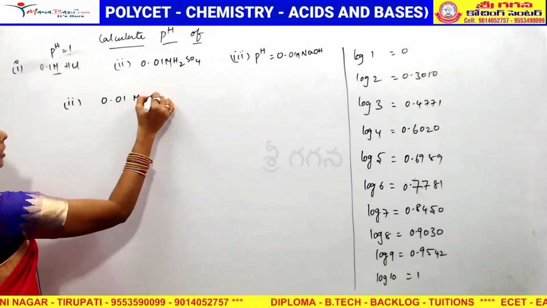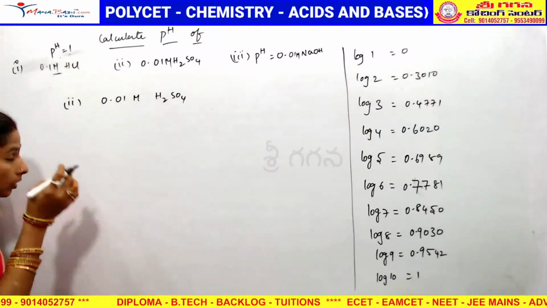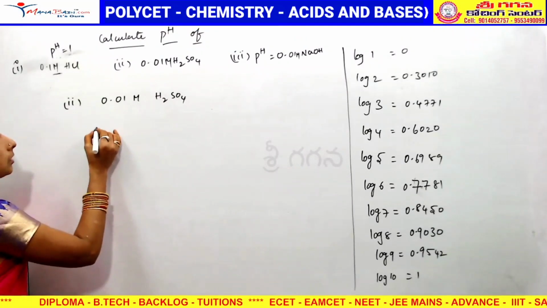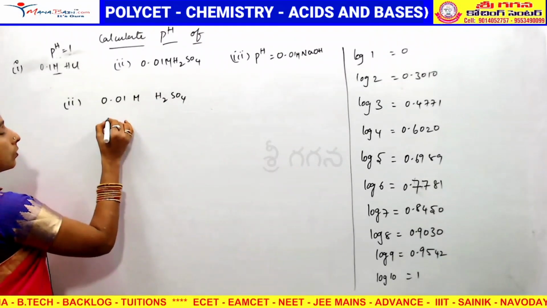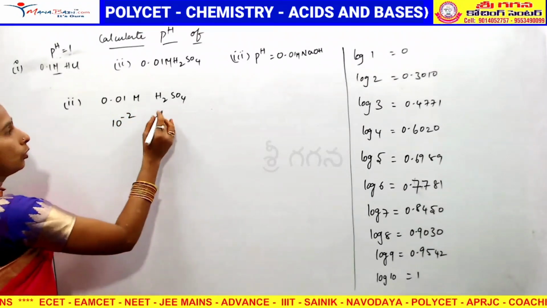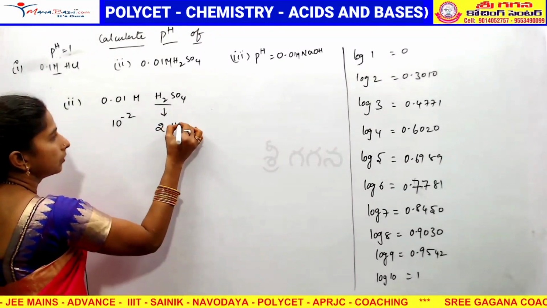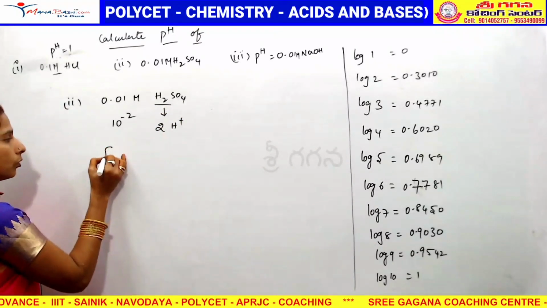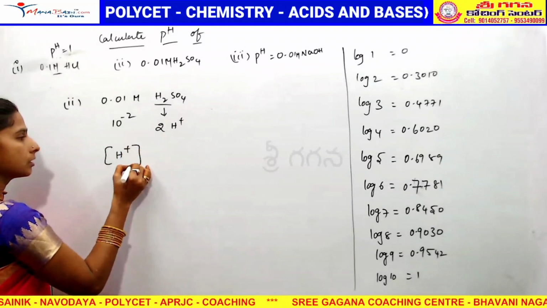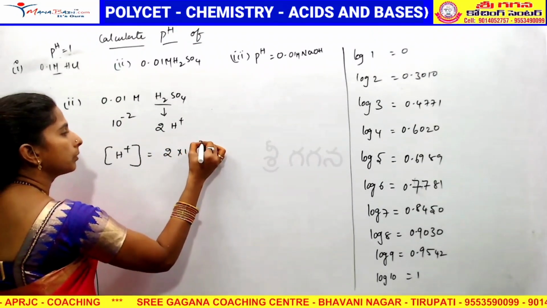0.01 molar H2SO4. In this, concentration is equal to 10 power minus 2. Can we write like that? From this, 2 H plus ions will be released. We know that, 2 H plus. So the H plus ion concentration is 2 into 10 power minus 2.